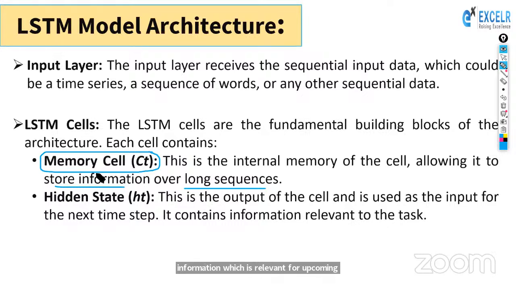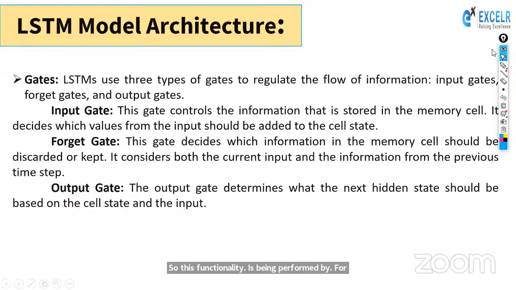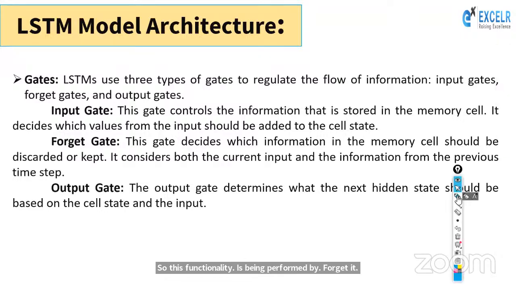So the information this memory cell stores is updated from time to time. Some information which is not relevant will get removed from the memory cell, and some new information which will be relevant in upcoming time instances will be stored. This functionality is performed by the forget gate. So we have three gates, right?